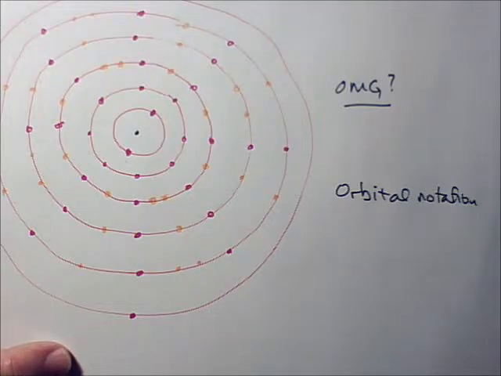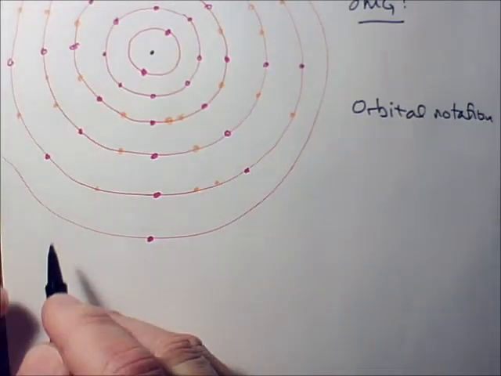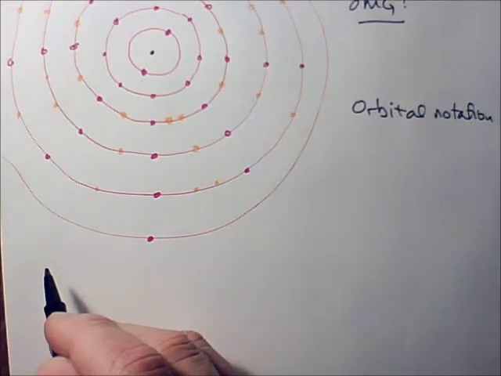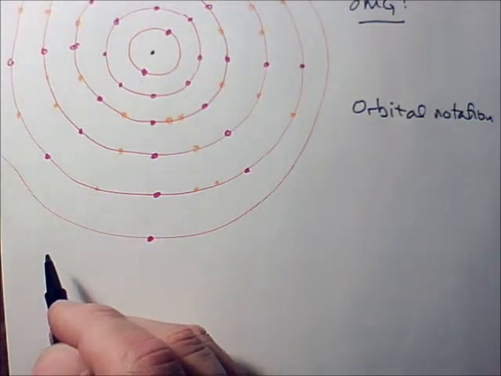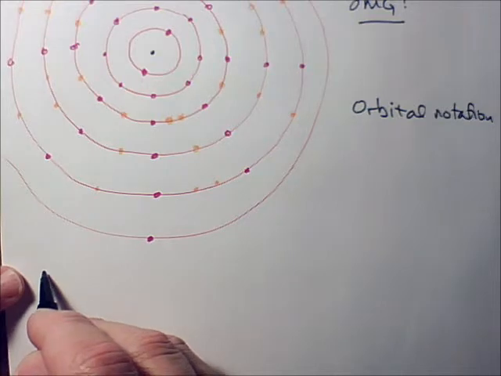One of the things you've got to have on your element cube is orbital notation. So here's a quick introduction to orbital notation. This is what orbital notation looks like.